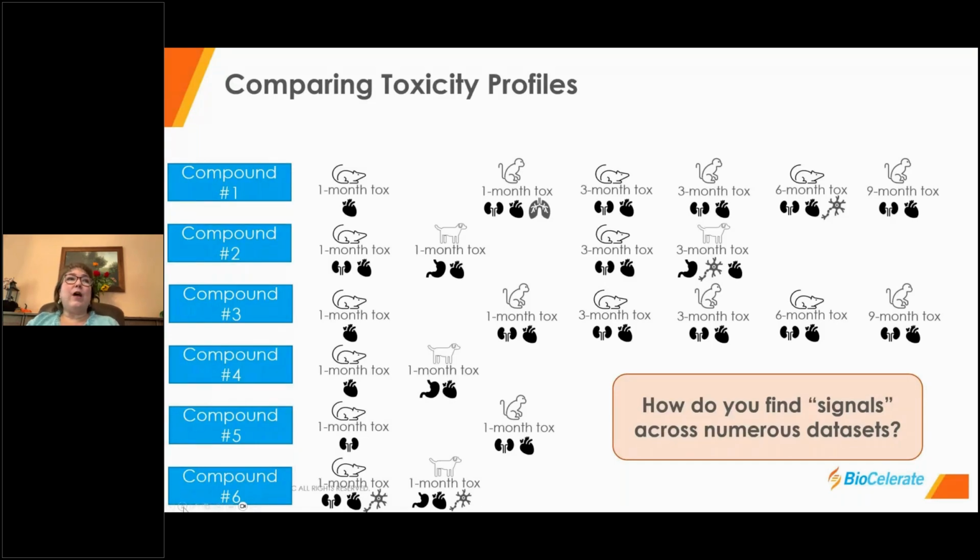So now you're not only looking at your 1-month tox studies, but you have different studies completed. You want to see what's really happening now in your longer-term studies, in your 3-month studies, in your chronic tox studies. So how do you find the signals in the noise? How do you find any similarities without doing this as a completely manual effort? Next slide, please.